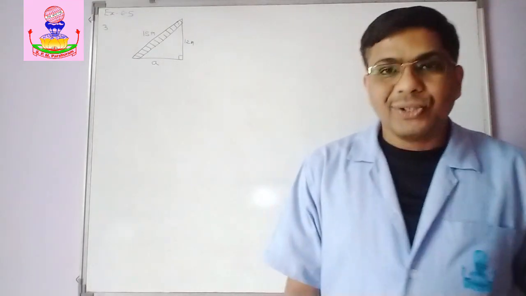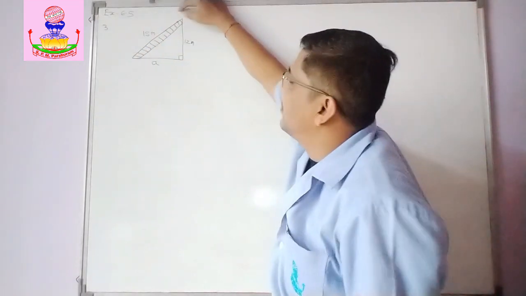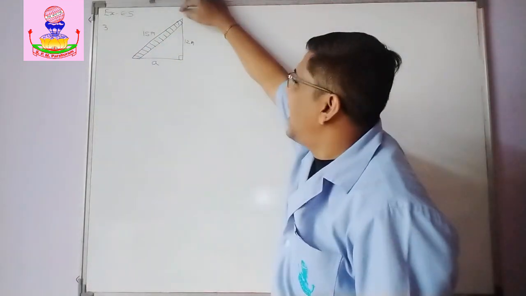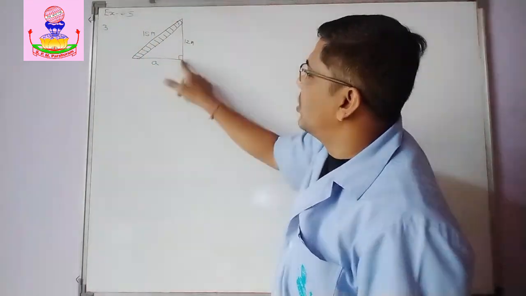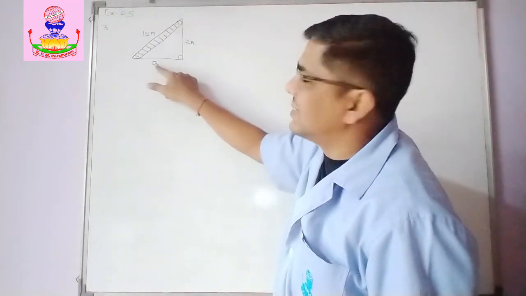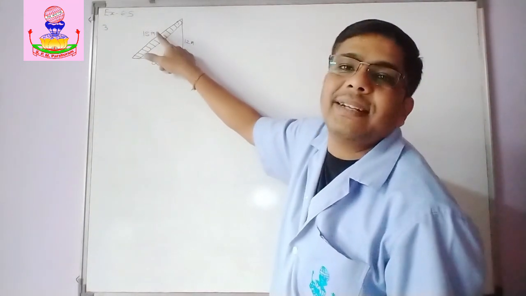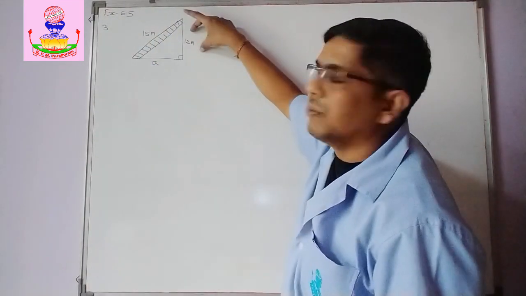Here the figure is given. This is the ladder and here is the window, and you are supposed to find the distance of the foot of the ladder from the wall. This is the wall, so this distance you are supposed to find. The length of the ladder is given as 15 meters. The height of the window from the ground is given as 12 meters.